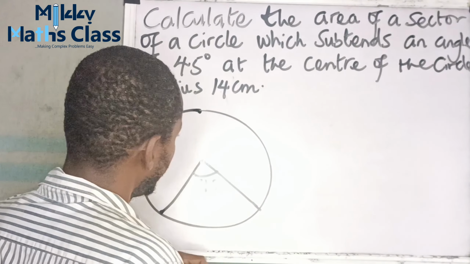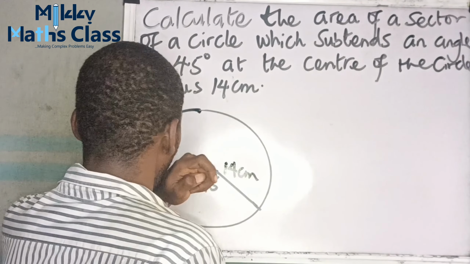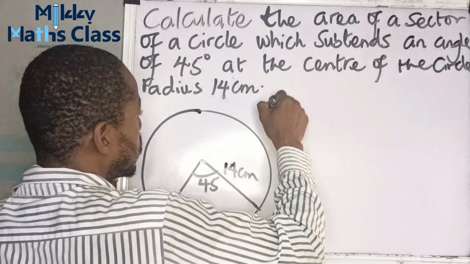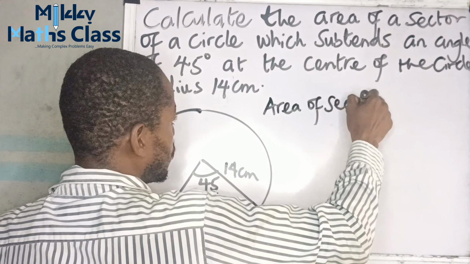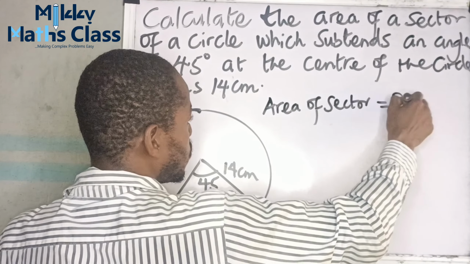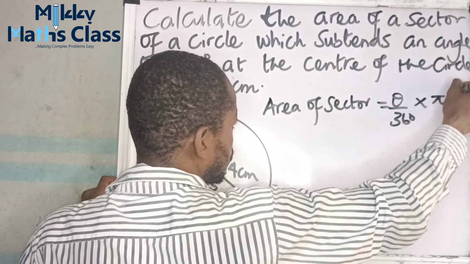Now we have that our radius is 14 cm. So very easy. The area of the sector will be equal to theta over 360 times pi r squared.